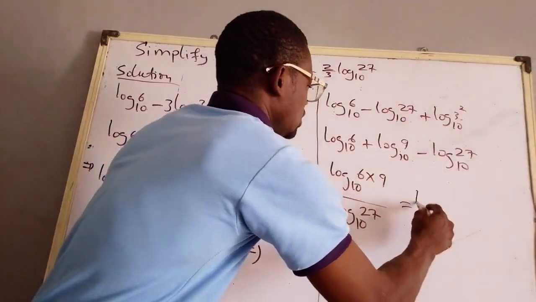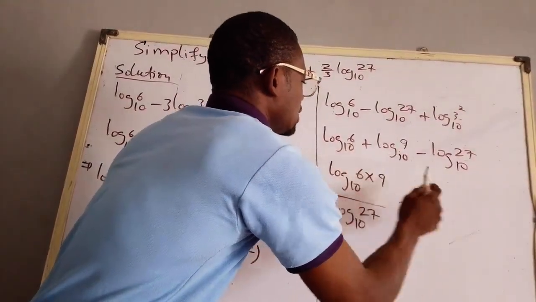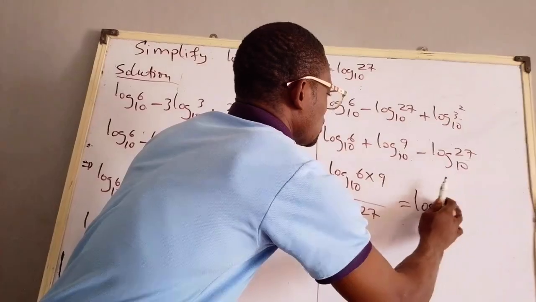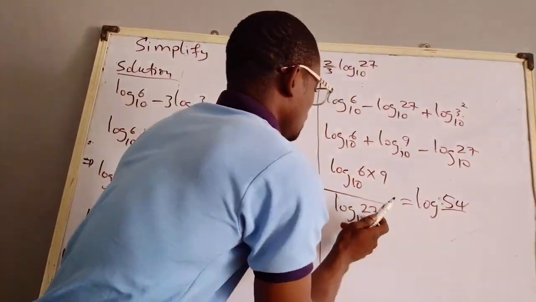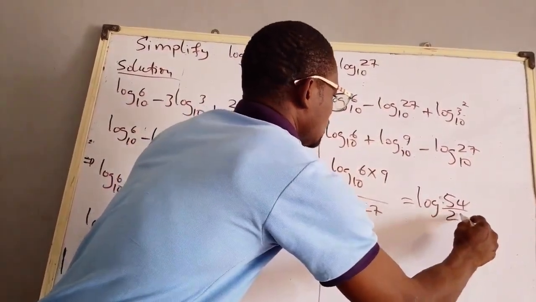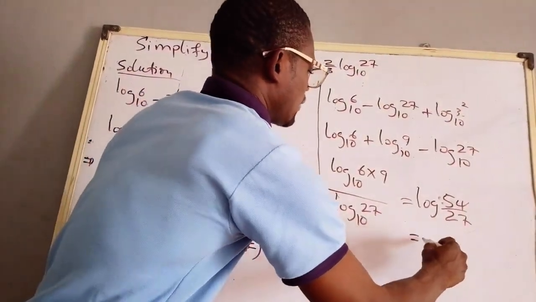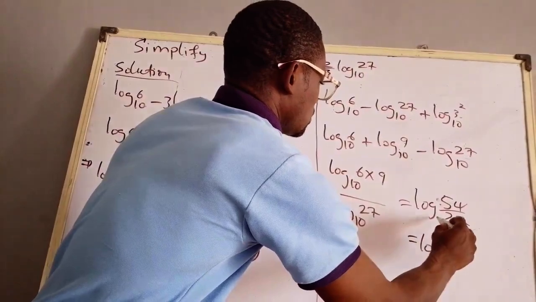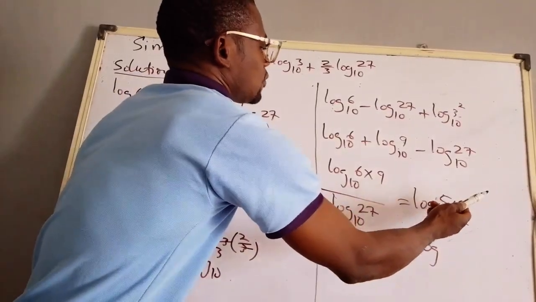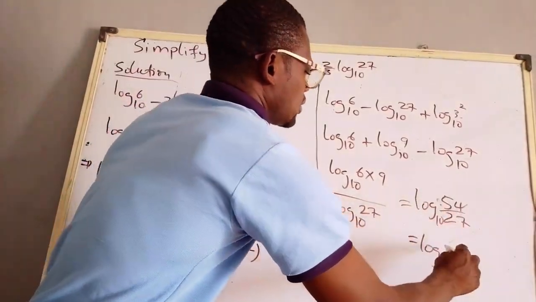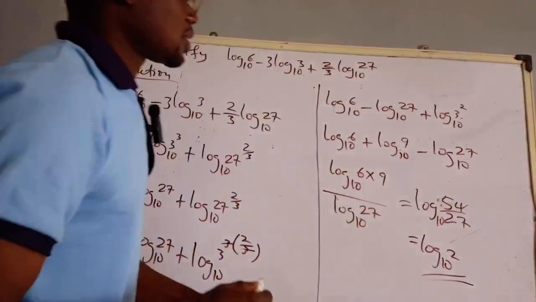Pick one of these logarithms. 6 times 9 will give you 54. When you multiply, then you have 54 over this 27. So that we finally have log, don't forget about this, 54 divided by 27 will give us 2. So this is our final answer.